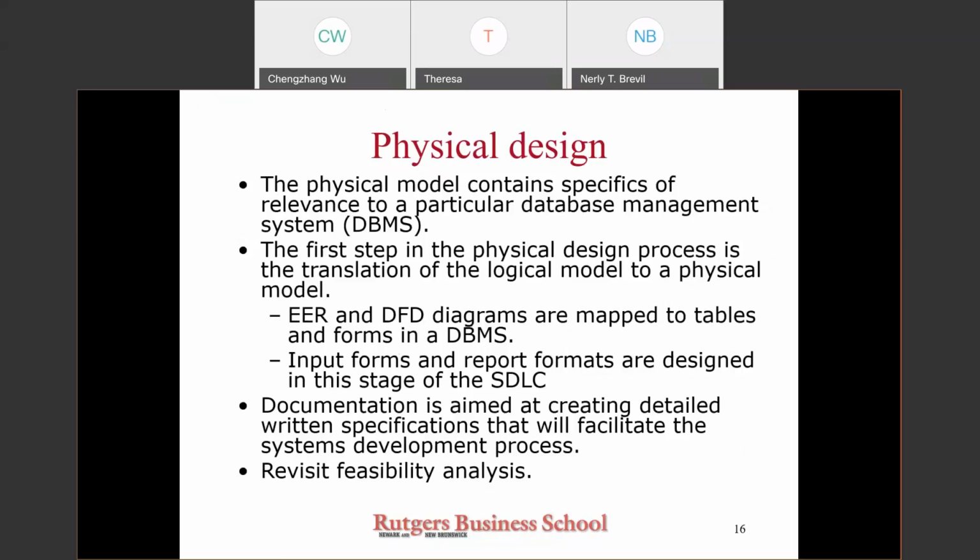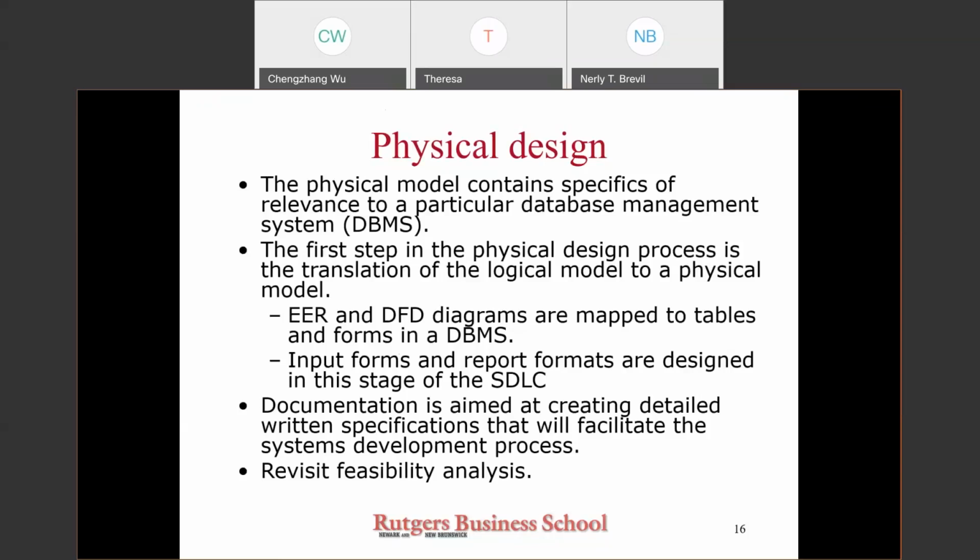Well, now we get to the physical design. The previously discussed logical design model aids the users in understanding the proposed system, while the physical model or physical design contains specifics of relevance to a particular database management system.